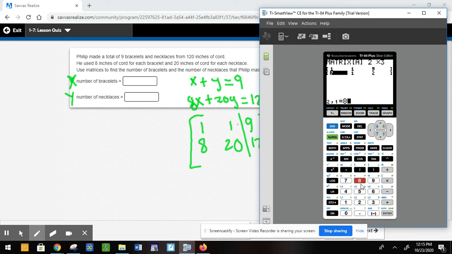And then the second row goes 8, 20, 120. And we'll second quit out of that. We'll do the reduced row echelon form again on that matrix. And that means x is equal to 5, so 5 bracelets, and y is equal to 4, so 4 necklaces.